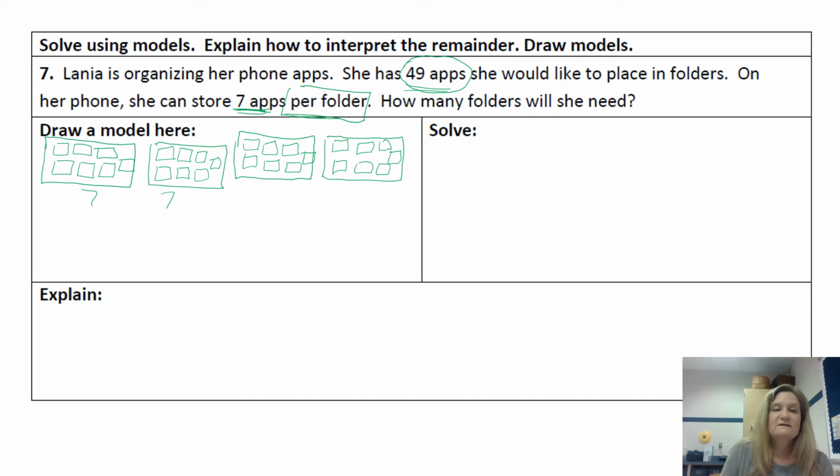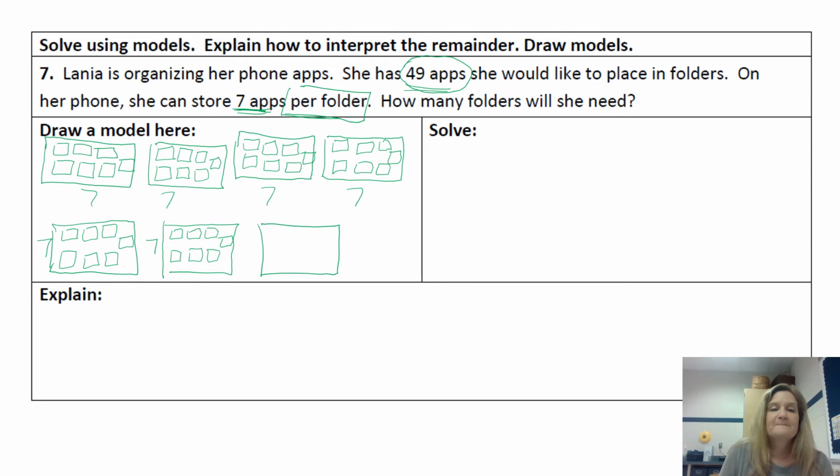So I have 7, 7, 7, 7. That's 28 so far. Another 7, and then another, and then one more, 7 apps each. So that equals 49 apps in all.